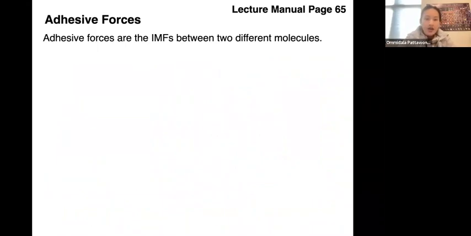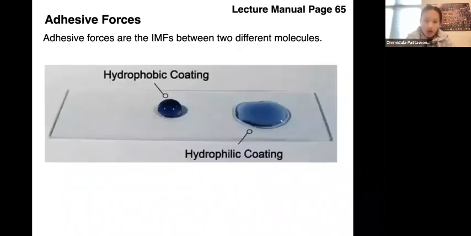The next property is adhesive force. Adhesive forces are the interactions between two different molecules. For example, if you have a drop of liquid on a surface, the interaction between the surface molecules and the liquid is what we refer to as adhesive force.